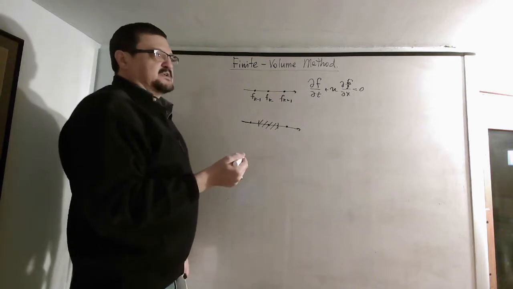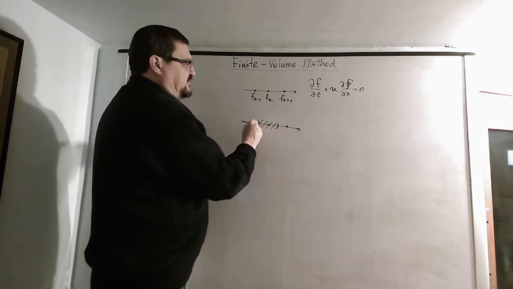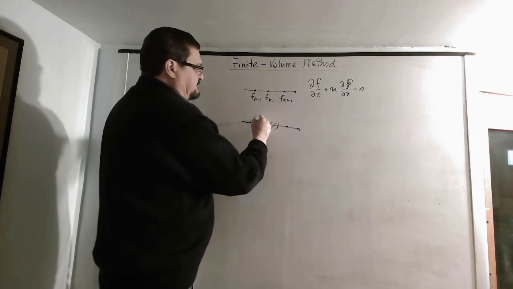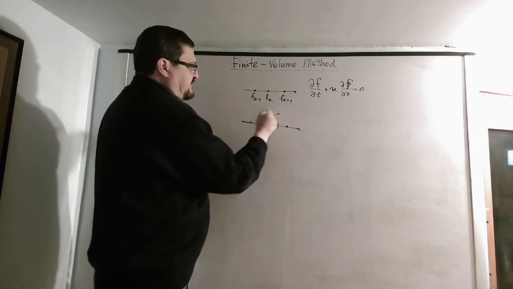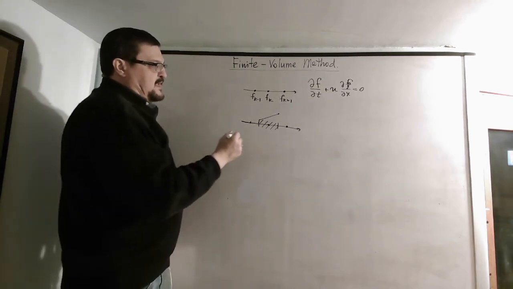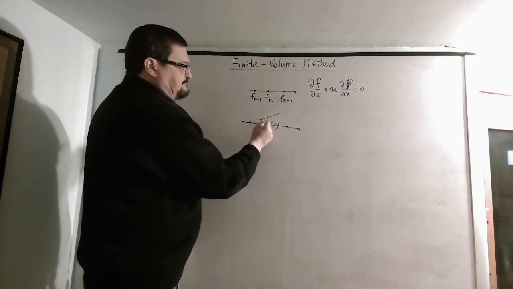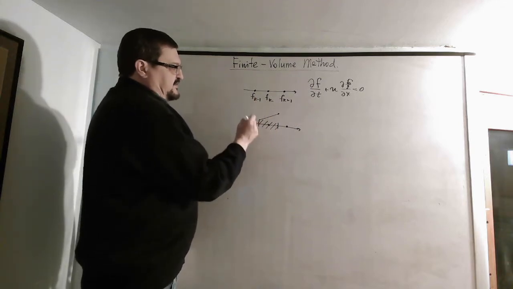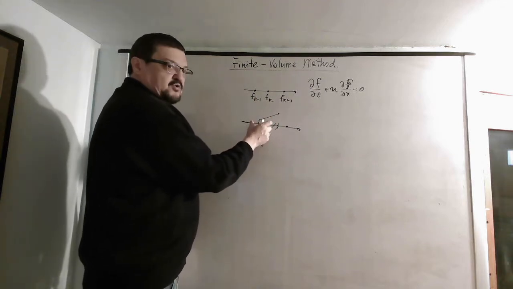For example, we can assume that this value is just constant within that cell, or we can use some linear function in that cell, but we approximate the value of some function inside the cell as a whole.